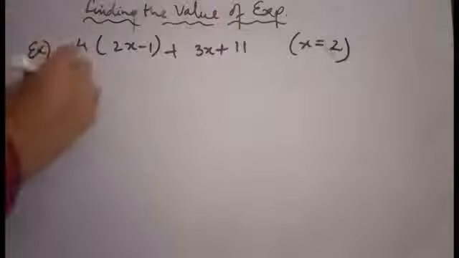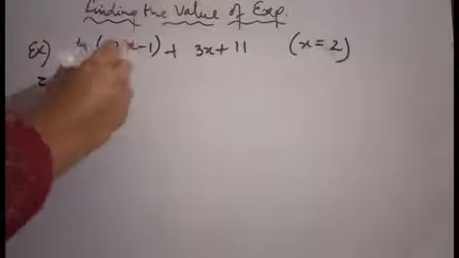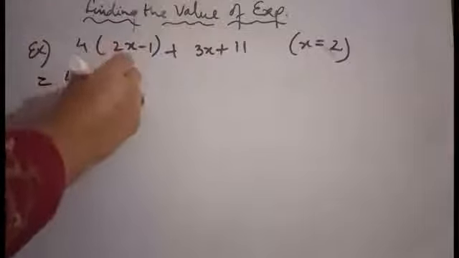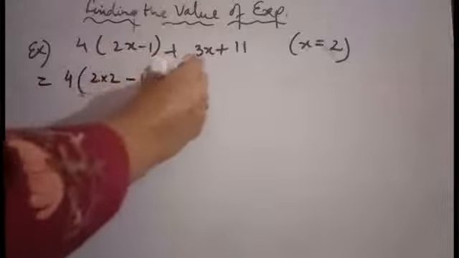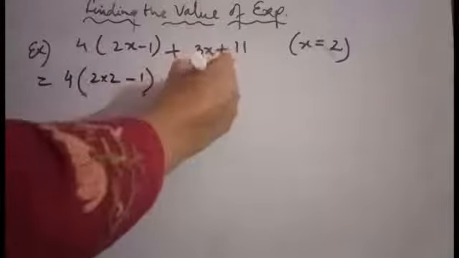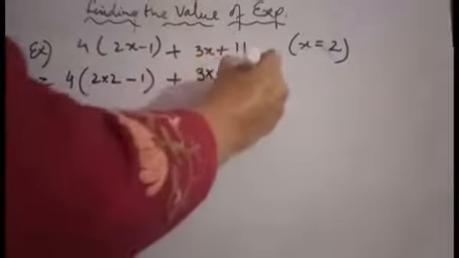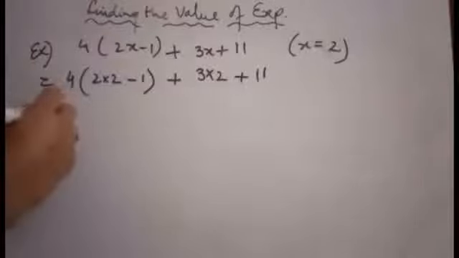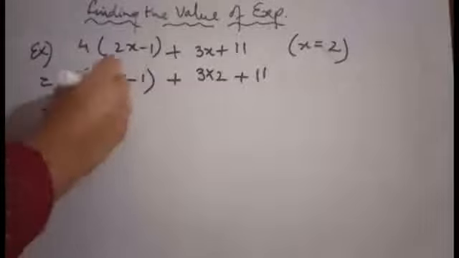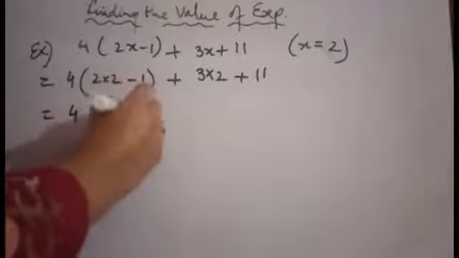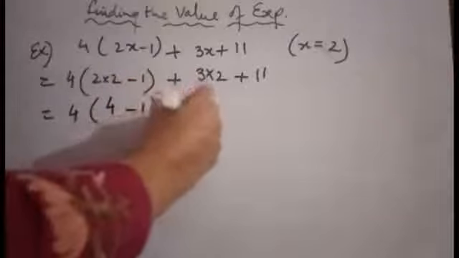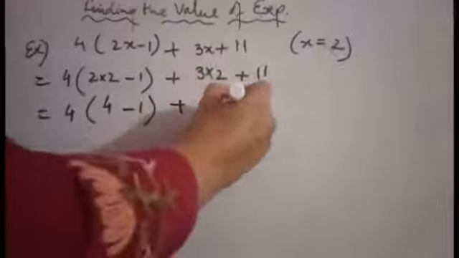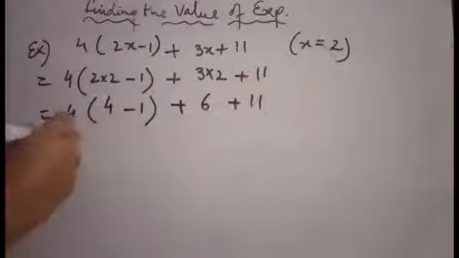Substitute 4 into, this is 2x, so 2 into 2 minus 1 plus 3x means 3 into 2 plus 11, right? See clearly how we substituted the values. Now 4, 2 2s is 4 minus 1 plus 3 2s is 6 plus 11.